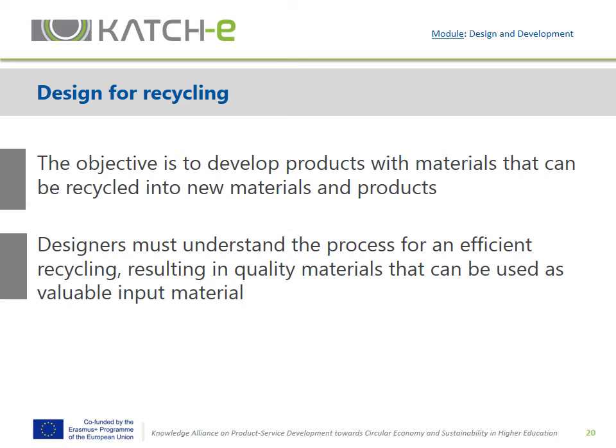The aim is to develop products in such a way that the materials, which are the technical nutrients, can be continuously and safely recycled at the end of life to be used to produce new materials and products. Designers must be aware of the process and conditions for an efficient and high-quality recycling, resulting in materials that can be used as valuable input material again.